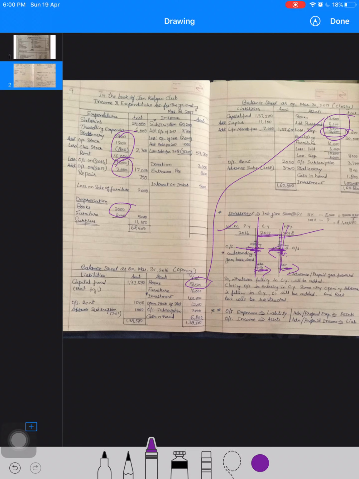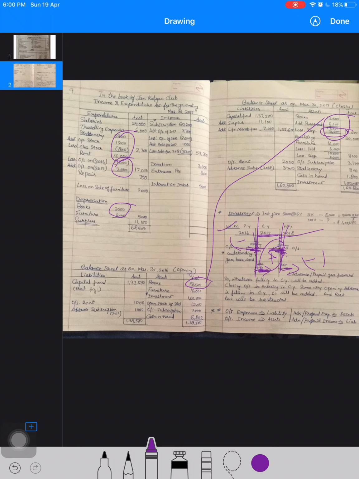So whatever is entering in our current period, that means closing of outstanding and beginning of advance, only these two items are entering in current account, in current period. So these two entries will be added, and these two will be minus. Hope it is clear.